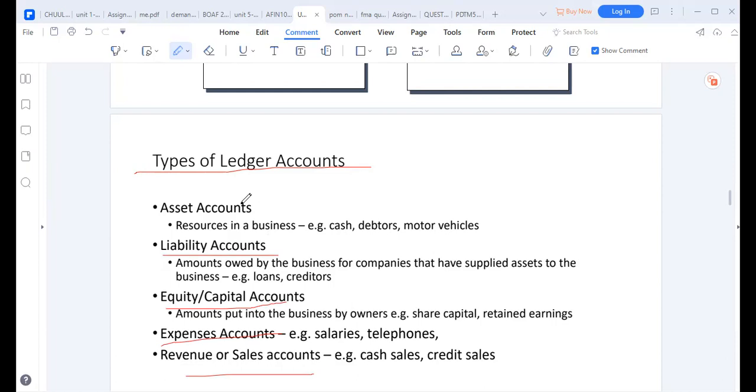All these are types of accounts that are found in a ledger. The asset accounts usually look at the assets like the cash, the debtors, the motor vehicle. So we open specific accounts for each of them. A guide that we always use is the word payrolls.